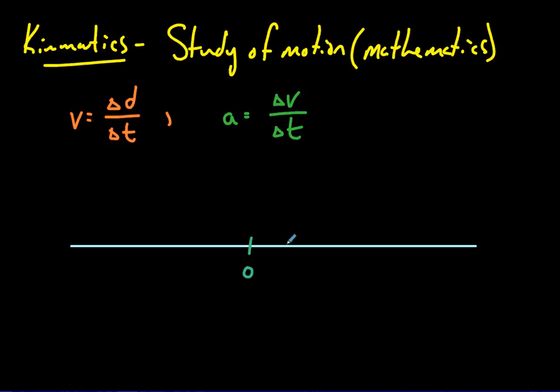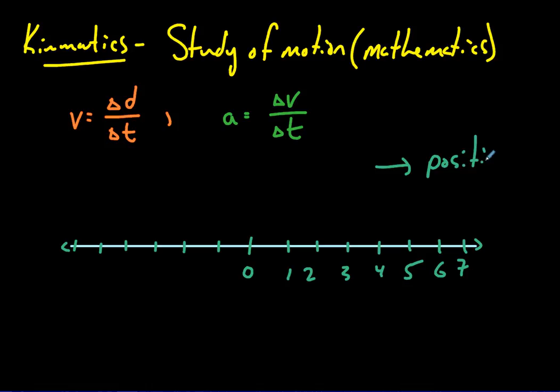I'm going to draw a number line here, because really all motion that we study, at least when we're doing the algebra of kinematics, is linear, and it's really left and right or up and down against a number line or against set positions. We always call anything to the right positive, and anything to the left negative.